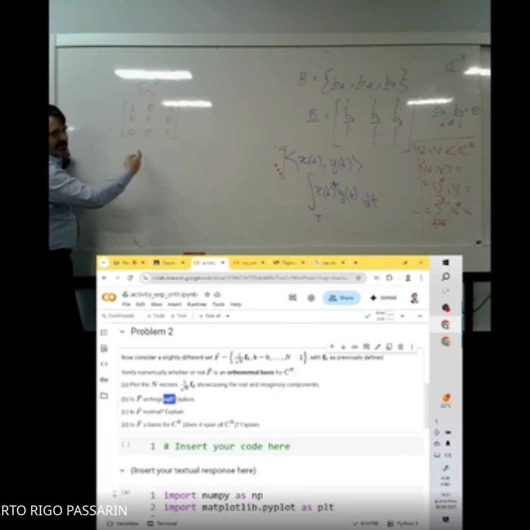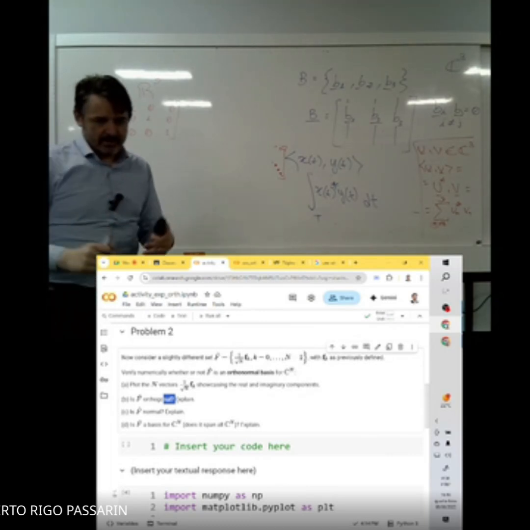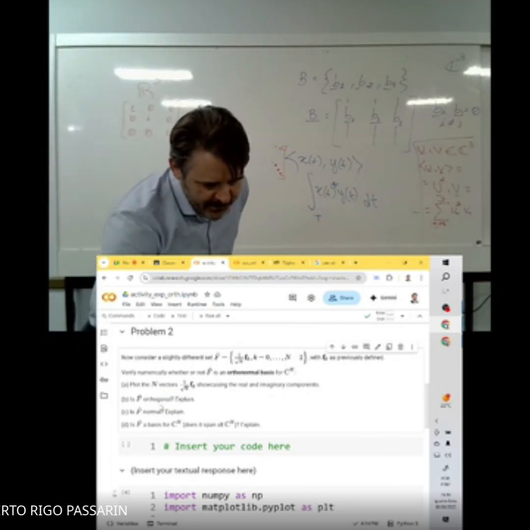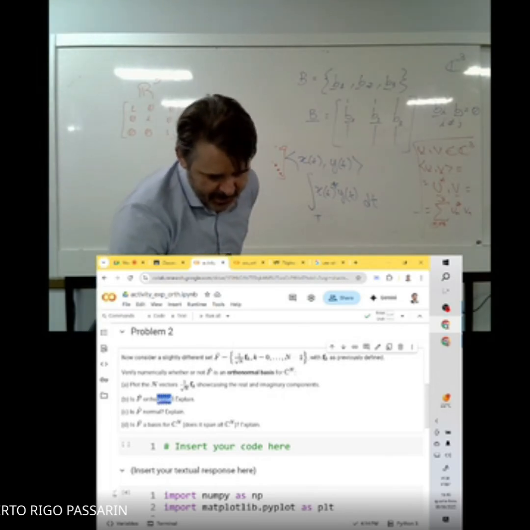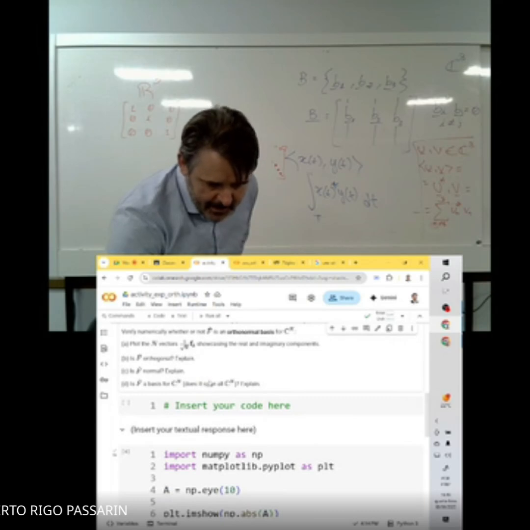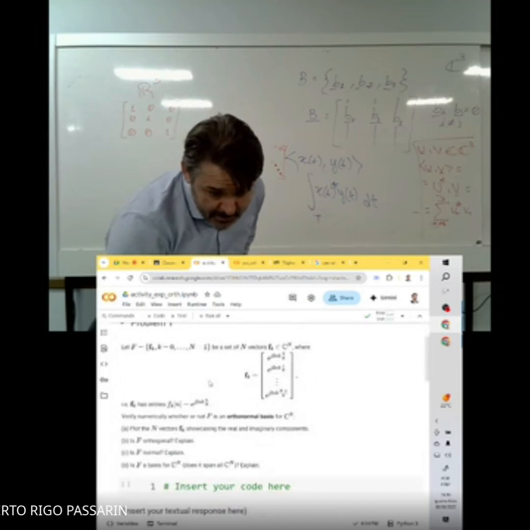If the number of columns is smaller than the number of rows, then it cannot be a basis. If the number of columns is larger, then it might be a basis, but it's impossible that it's orthogonal because it's overcomplete. But here we're in an n by n matrix. So if it is orthogonal, it's already a basis. But you have to explain it. You can just replicate my explanation. Problem 1.